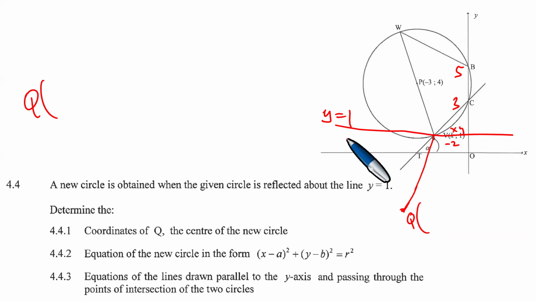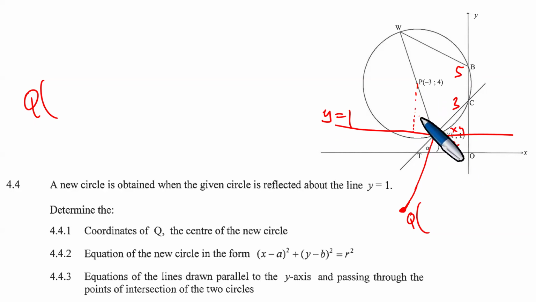Right, so we have the following. If P has the coordinates minus 3 and 4, we want to find the image of this about the line y equals 1. To find the image about the line, it must be the same distance. So what is the distance here? You must work it out.